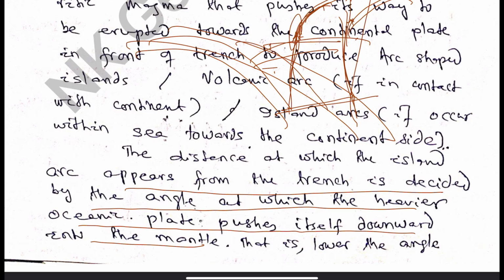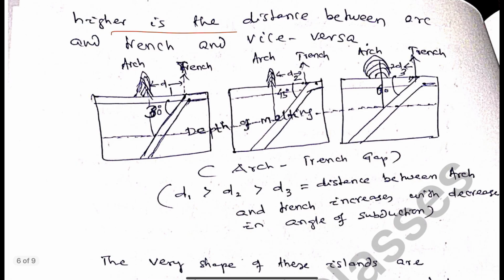Steeper the angle, lower the distance of the island arc from the trench. That is, lower the angle, higher is the distance between the arc and trench, and vice versa.